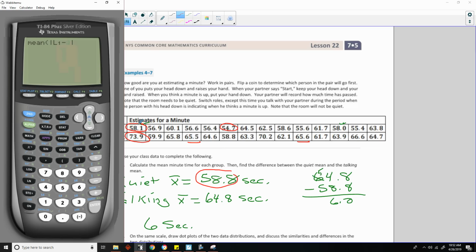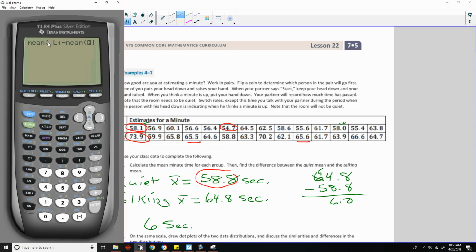Okay, so I want the average of this minus each value. So it's going to be L1 minus, and then I go back into my catalog and take the absolute value of, no, not absolute value. Let me delete that. Let's see, I want that mean. So if I go back into second list over to math 3, I keep doing that.